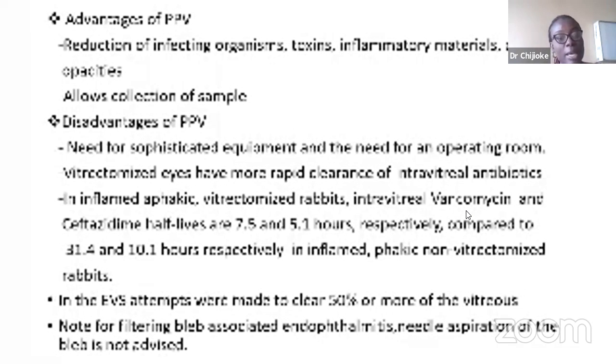In the endophthalmitis vitrectomy study, attempts were made to clear 50% or more of the vitreous. I should also note that for filtering bleb associated endophthalmitis, needle aspiration with bleb is not advised.